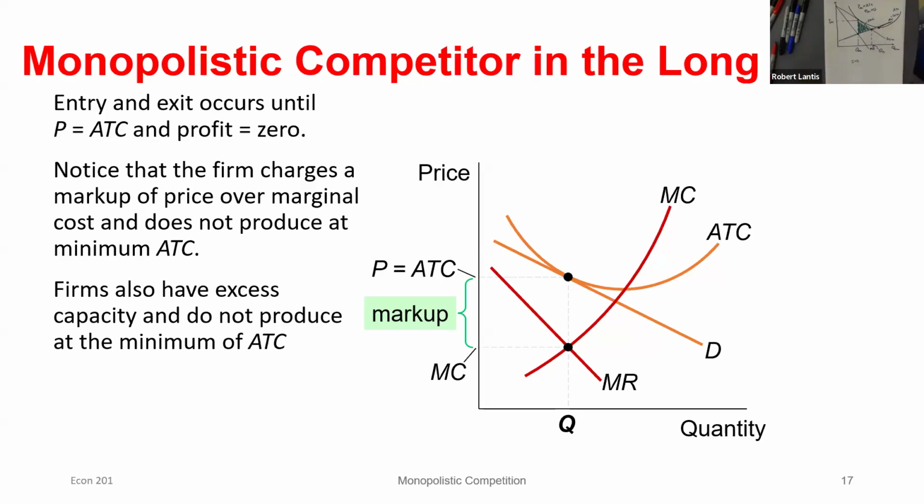But the perfectly competitive market, since they wouldn't face a downward-sloping demand curve, it would be horizontal, we actually know they would end up at that minimum point of the average total cost curve. So our actual excess capacity is, you can think of it as the quantity that would put us at the minimum point of our average total cost curve minus the quantity that the monopolistically competitive firm is choosing. So we're combining two things.